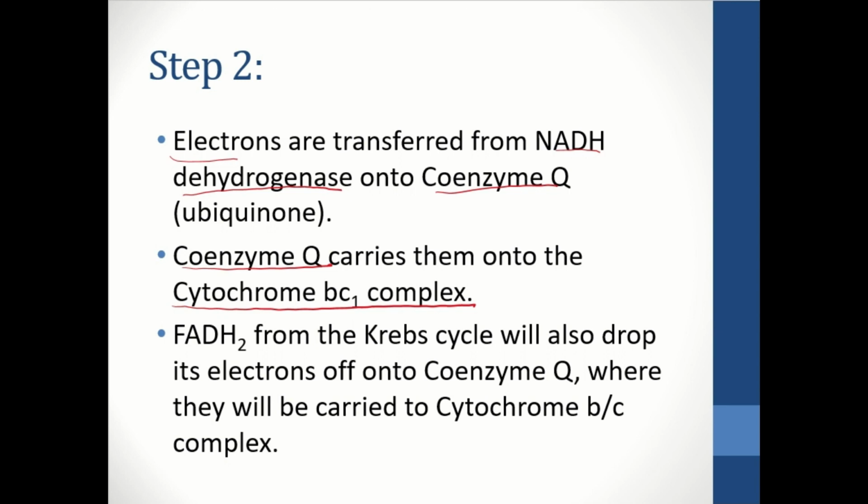Coenzyme Q also has FADH2 undergo an oxidation reaction to donate its electrons to it, and then carries those other electrons. This is going to allow us to pump more hydrogen ions at the next step.